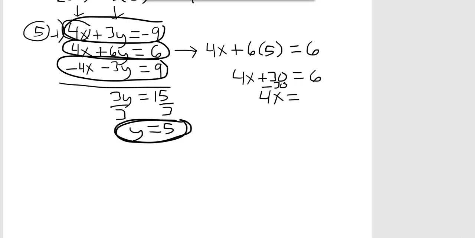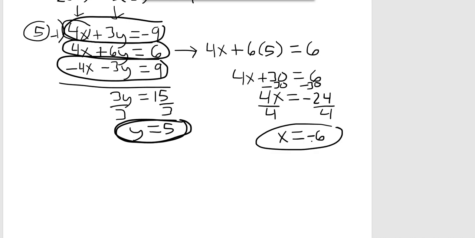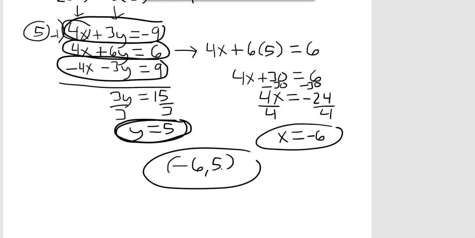So we minus 30 from both sides. This would be negative 24. Divide by 4, and we get x equals negative 6. So the solution for this system is negative 6, 5. That's where these two lines cross each other.